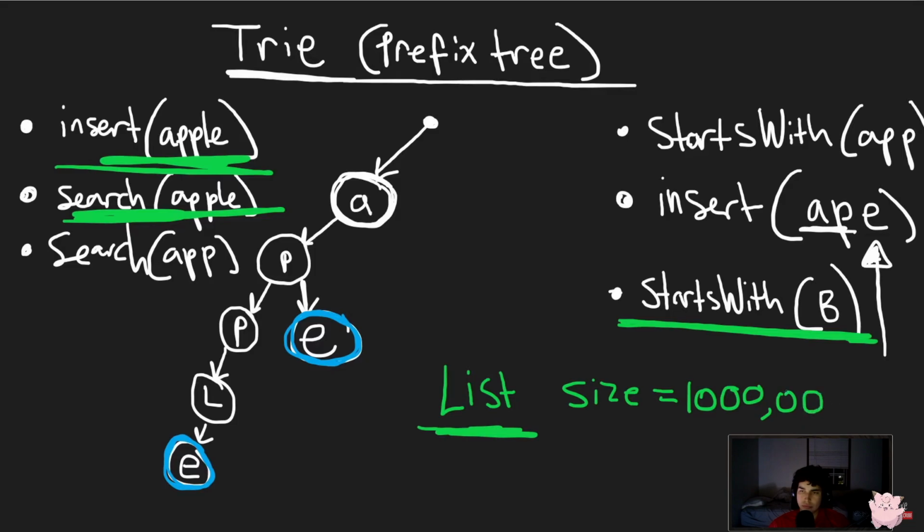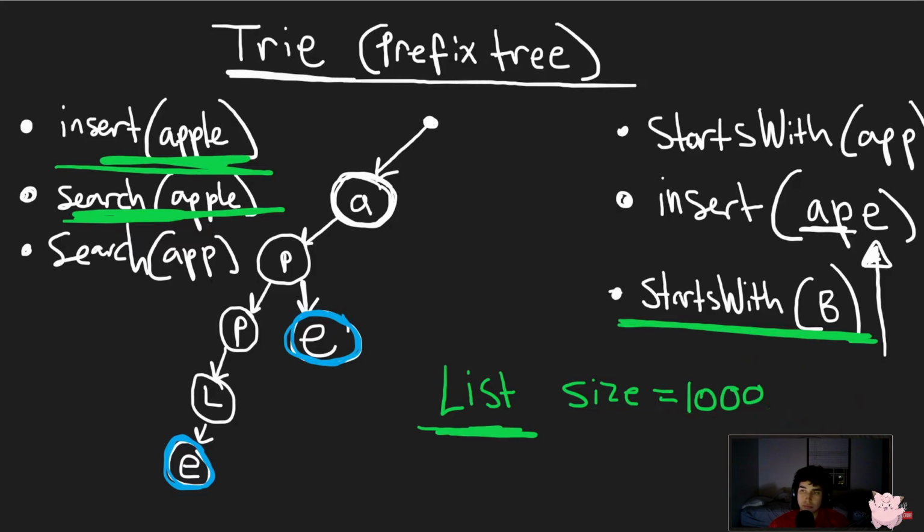How long would it take for us to check if any word starts with B? Worst case, we would have to check every single word in the list and check if it starts with B. And what if there were 0 words that started with B? Then every time we would have to go through that entire list of 1,000,000 words.